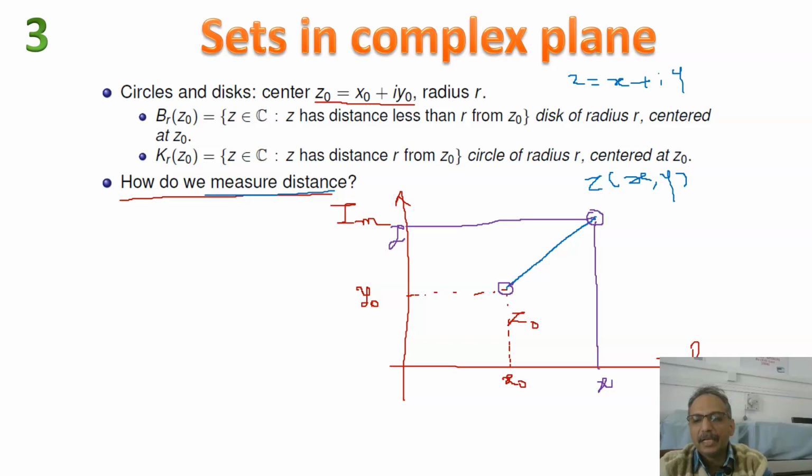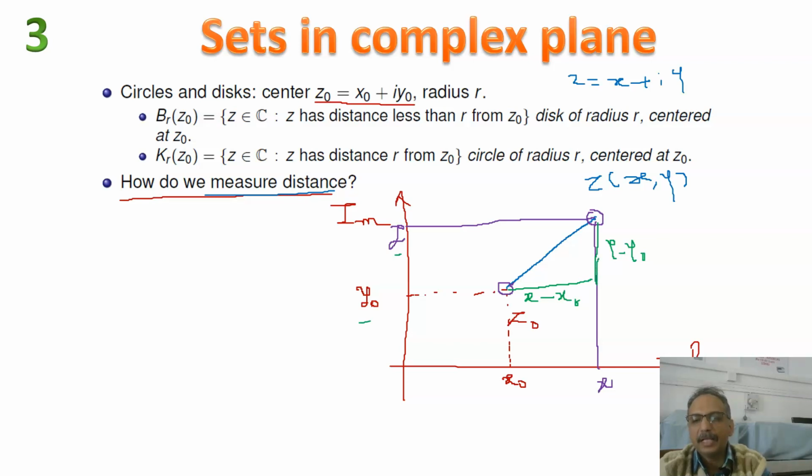Obviously this distance is x minus x0. Similarly, this vertical distance is y minus y0. This is the coordinate y and this is y0. The difference is y minus y0.